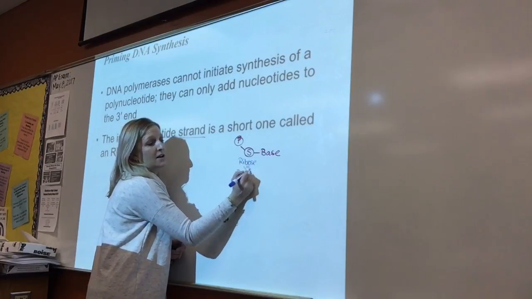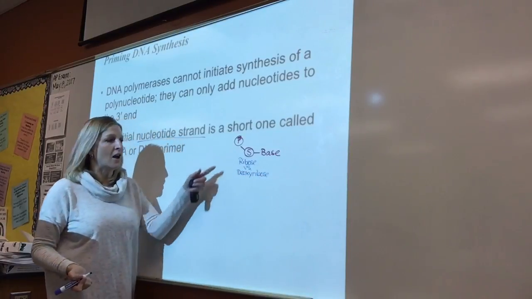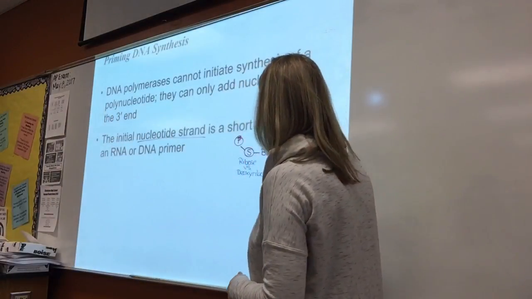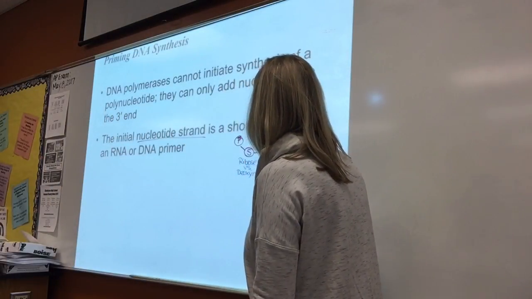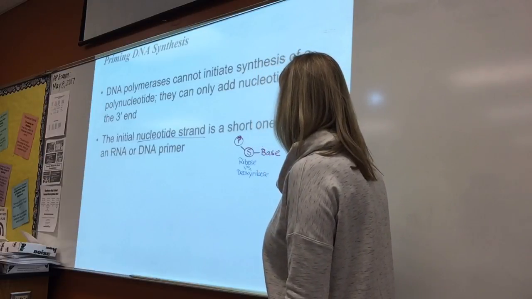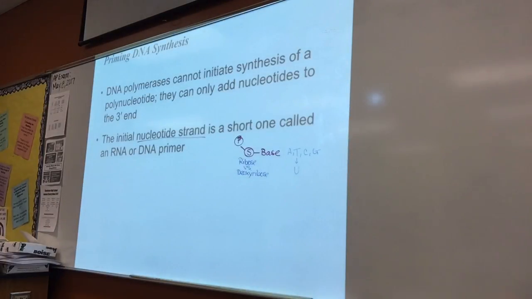Ribose is the R in RNA. Deoxyribose is the D in DNA. So it depends on which sugar is there. And then the bases, in DNA, you have A's, T's, C's, and G's. In RNA, that T, remember, is replaced by a U. Okay? So those are some differences there.